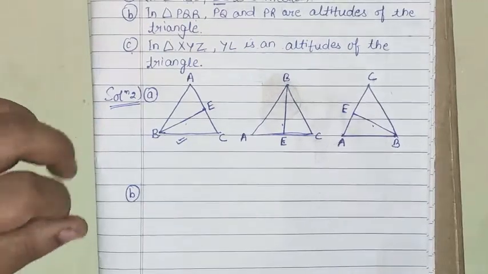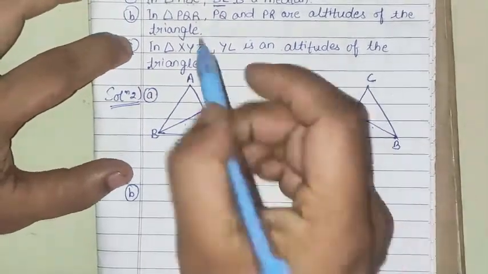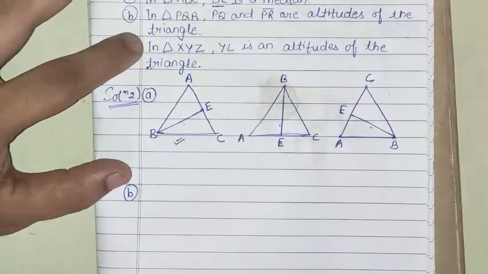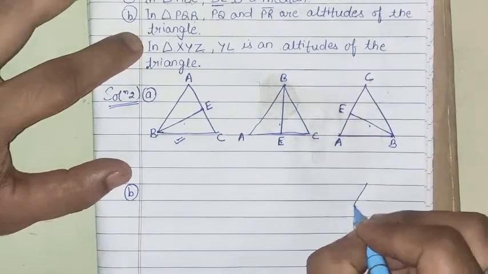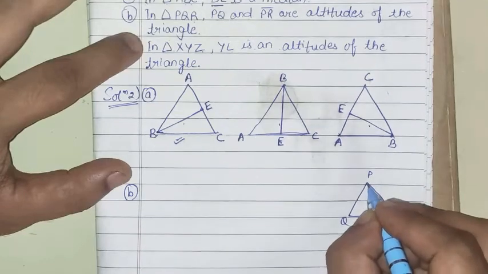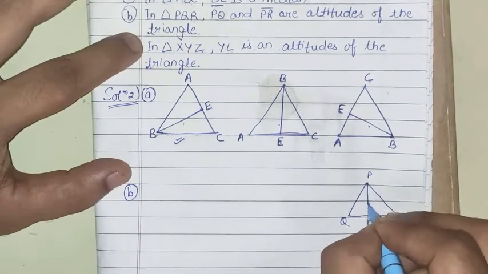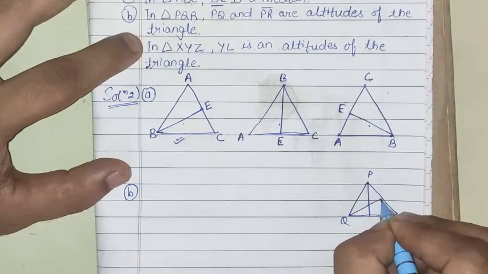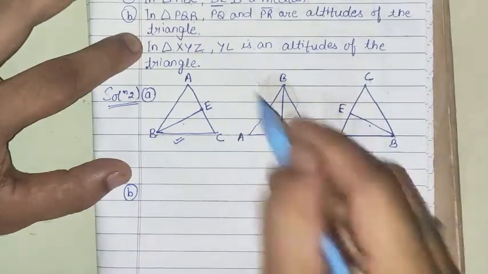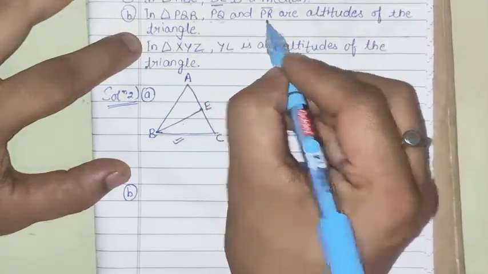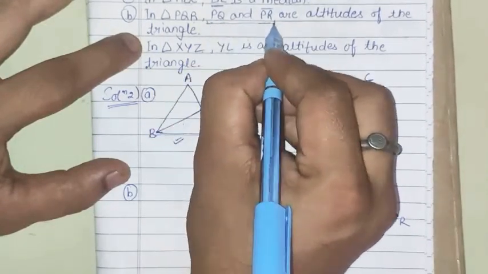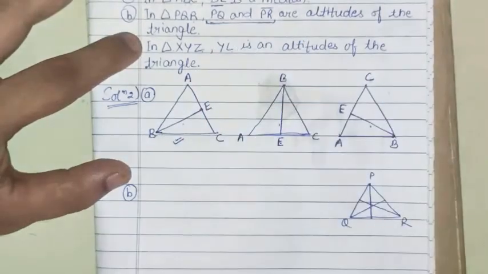Now see question number 2, part B. In triangle PQR, PQ and PR are altitudes of the triangle. In a rough sketch we can make an altitude from vertex P, from Q and from R, but we need PQ and PR, and P is common in both PQ and PR.